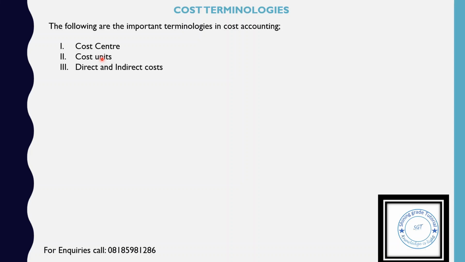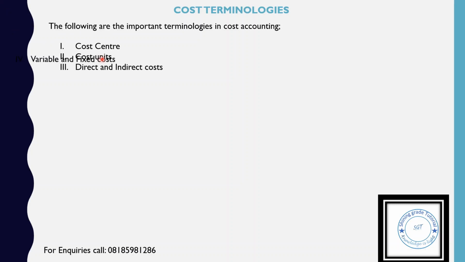That is a very good example of direct cost. But an indirect cost does not vary directly with the level of production or level of activities to be carried out. Alright, so that is the difference between direct cost and indirect cost. Again, direct costs can be traced to a particular production unit, while indirect costs cannot be traced to a particular production unit.